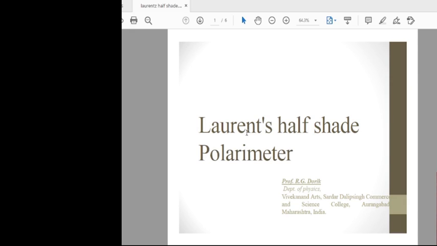When it is used for determining the quantity of sugar in a particular solution, at that time it is also known as a saccharimeter.